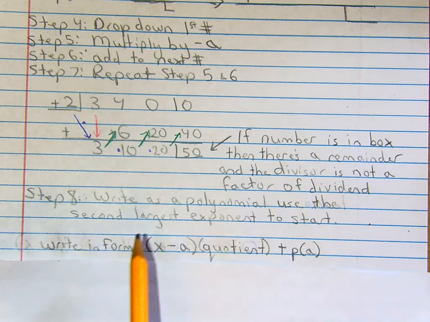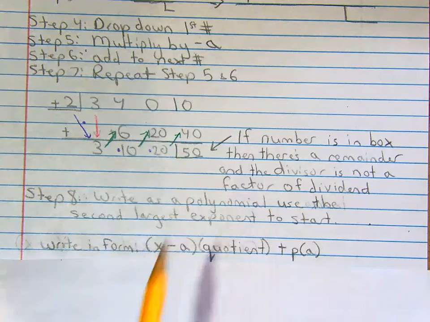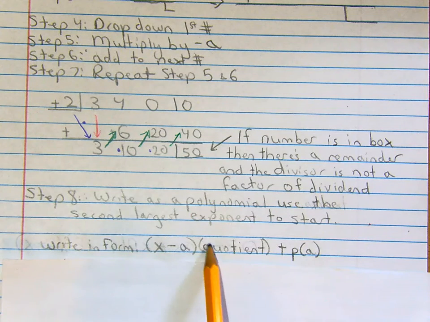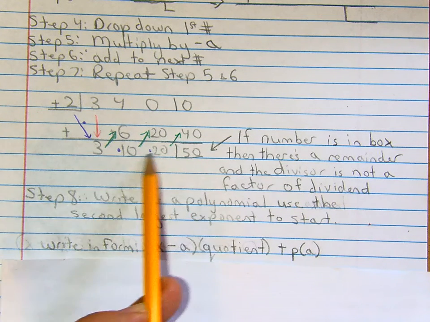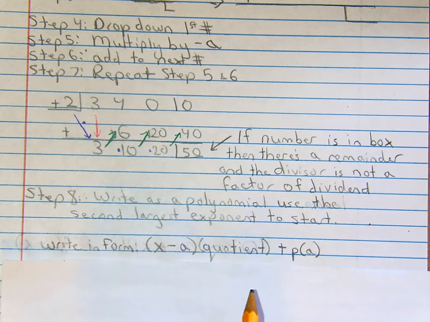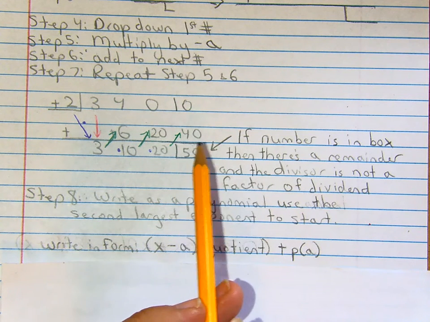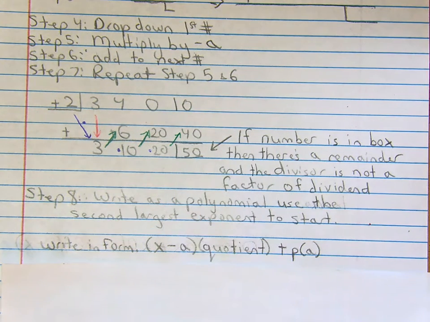We write it in the form of our x minus a, which is basically whatever you were originally dividing by up above. Your quotient, with our x's and our exponents, plus the remainder if you have one.